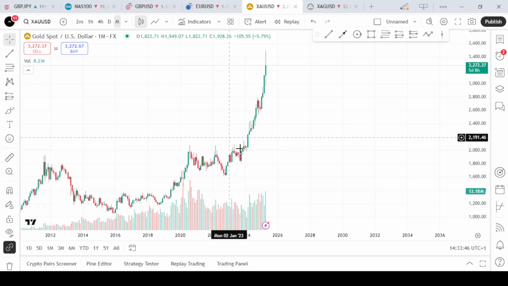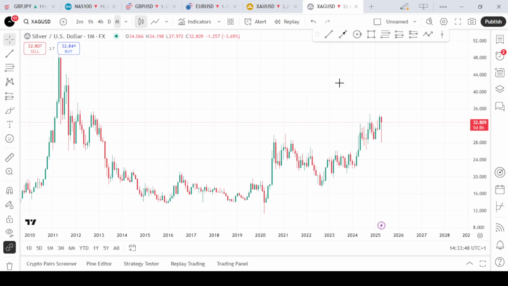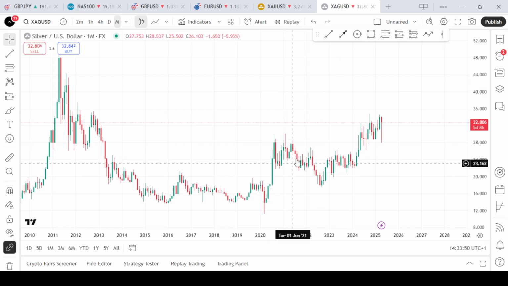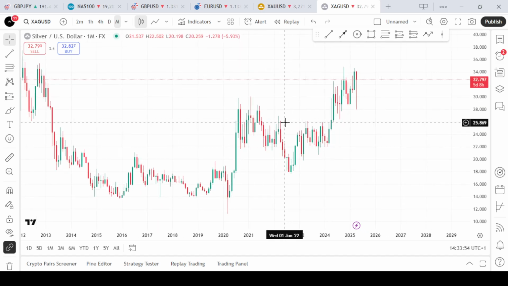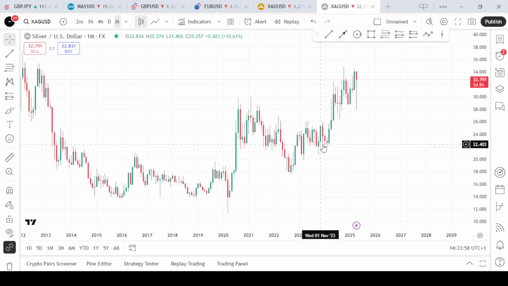We start by understanding what the dual momentum strategy is all about. This is an investment approach that combines two types of momentum, which are the absolute and relative momentum, to identify which assets to buy and when to enter or exit a position.